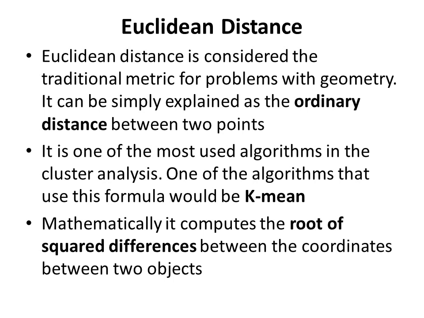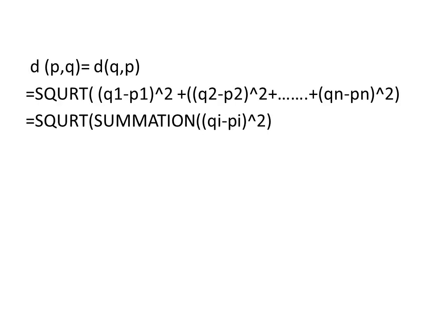Mathematically, it computes the root of squared differences between the coordinates of two objects. See, distance of P comma Q, or distance of Q comma P, is nothing but the square root of (Q1 minus P1) squared plus (Q2 minus P2) squared plus etc. plus (Qn minus Pn) squared. That is, the square root of the summation of (Qi minus Pi) squared.